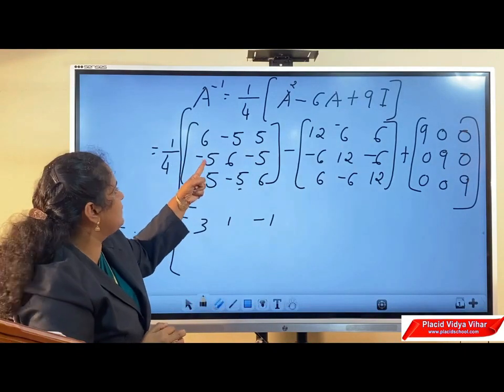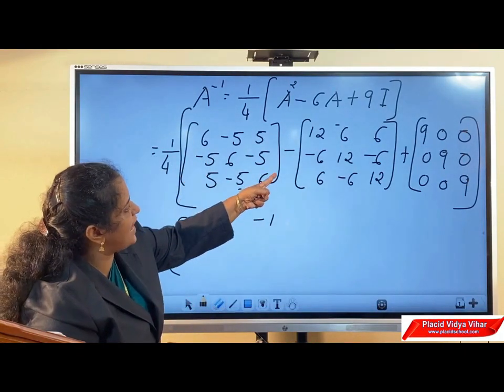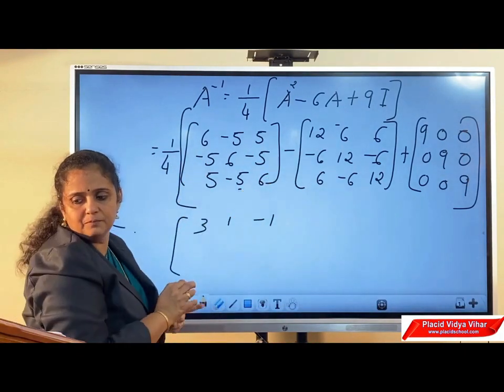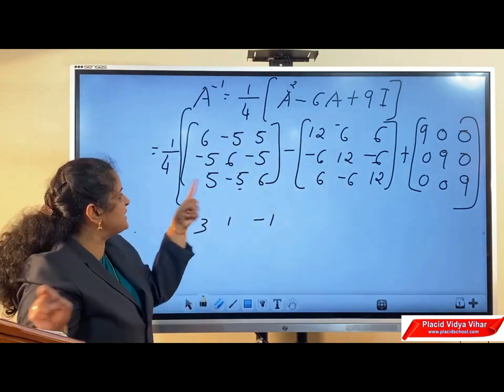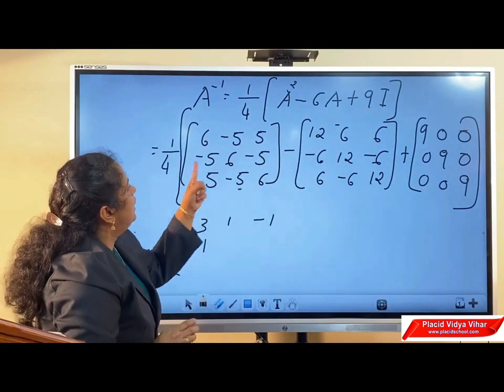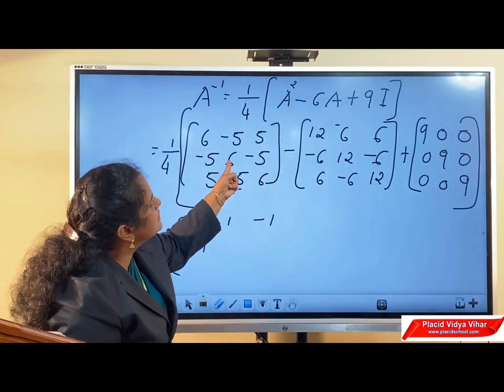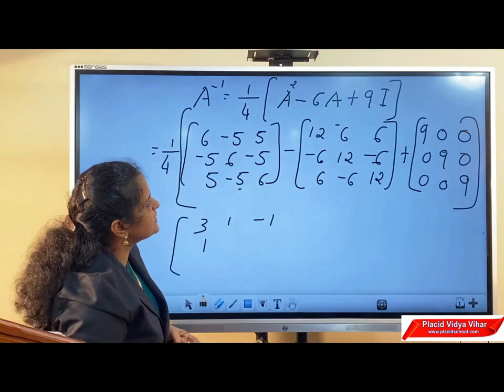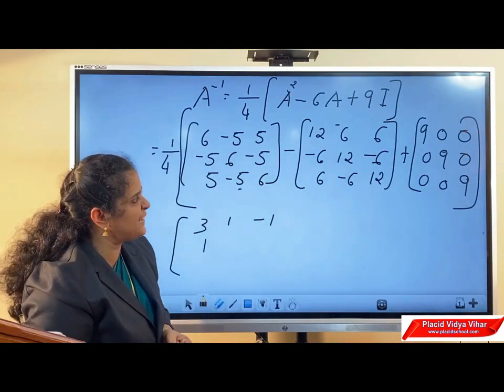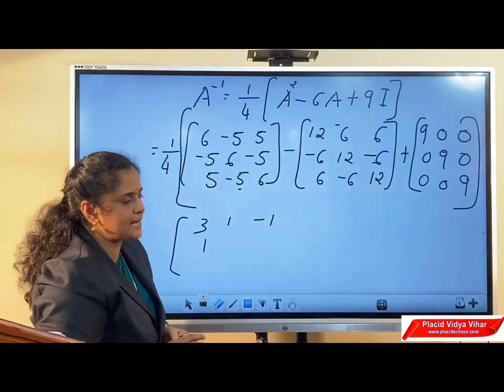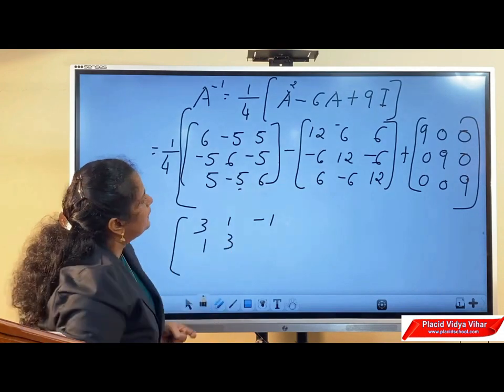The second row first element, minus 5 plus 6, that is 1. The next one, second row second element, 6 minus 12, the answer is minus 6. Minus 6 plus 9, that is 3.